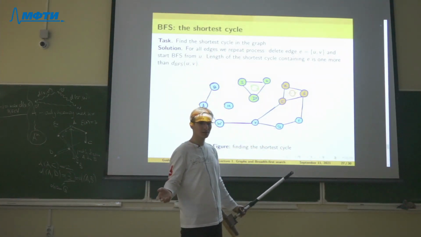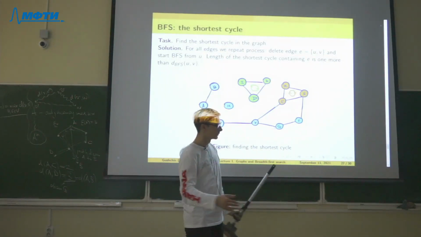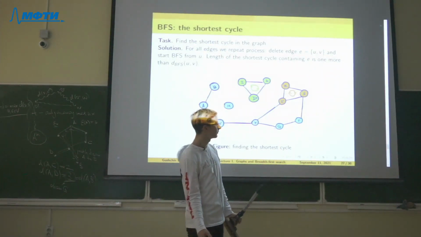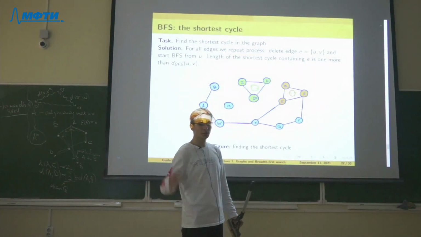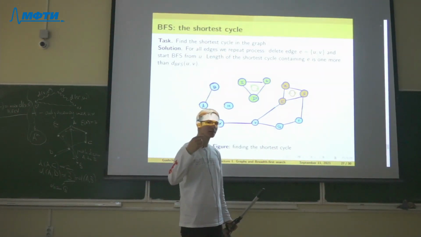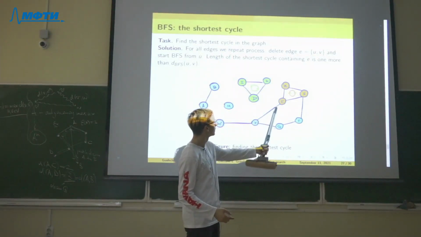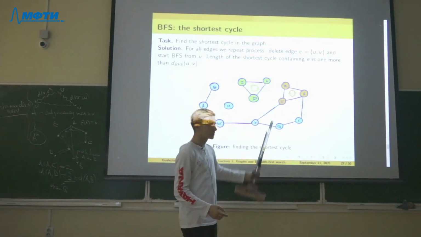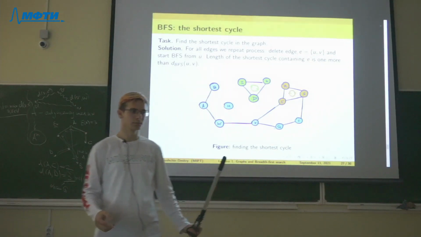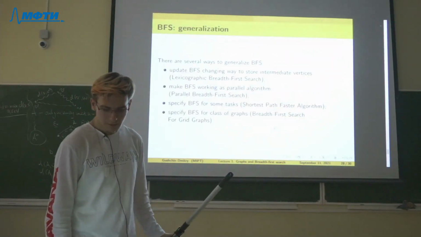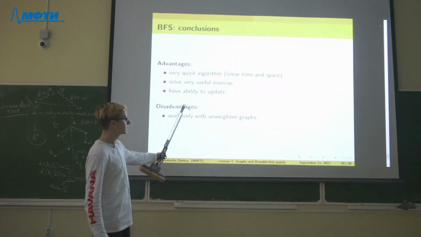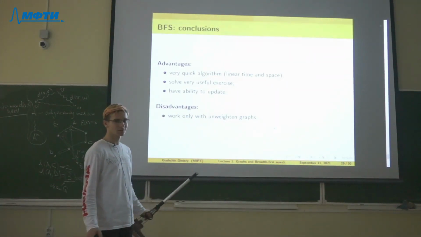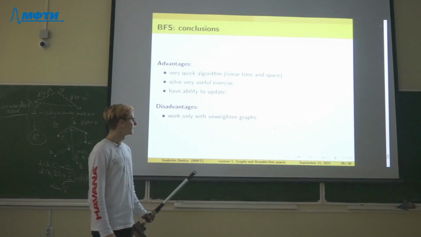So when you go to other improvements of this algorithm, you need to understand the difficulties that appear when we change our algorithm. But of course, it has the ability to update, and that's nice for this algorithm.